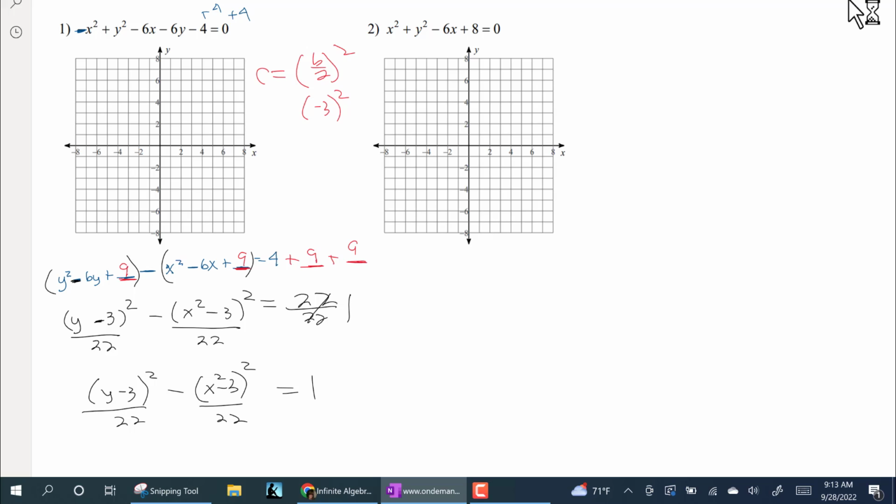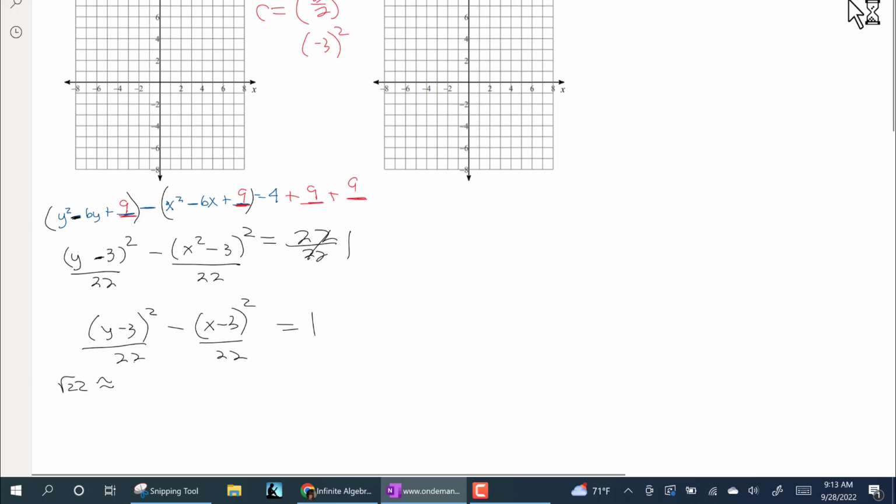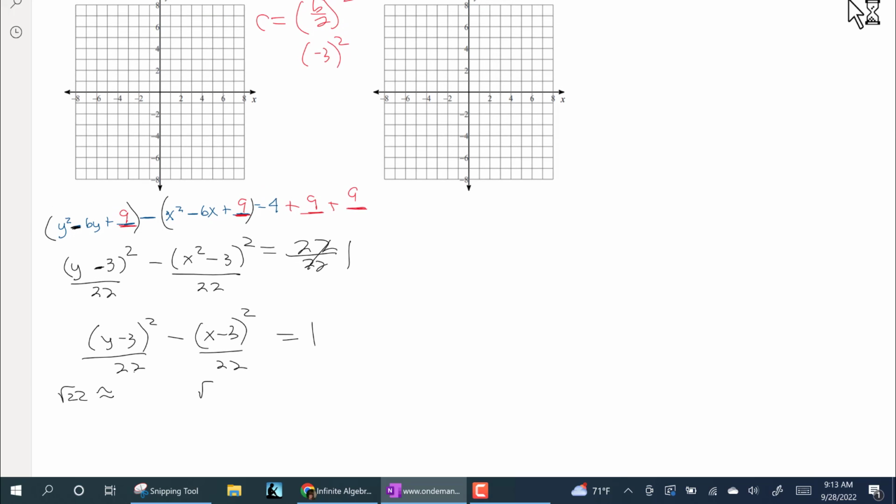The square root of 22, let's think about that. Because remember, the square root of this is how far we're going to go up or down, and the square root of 22 is how far we're going to go left and right.